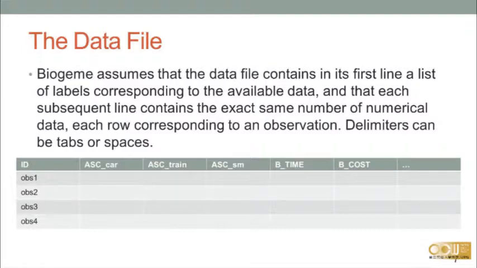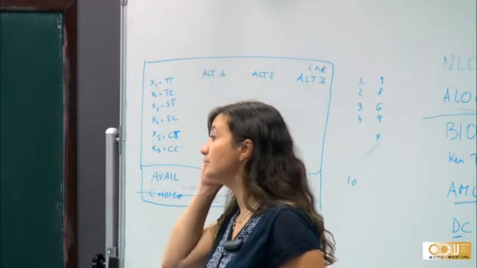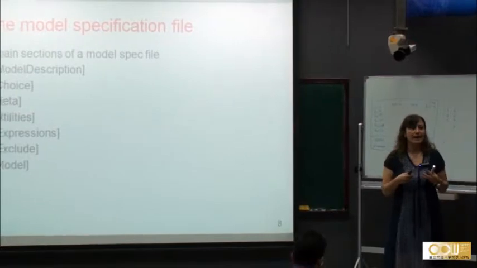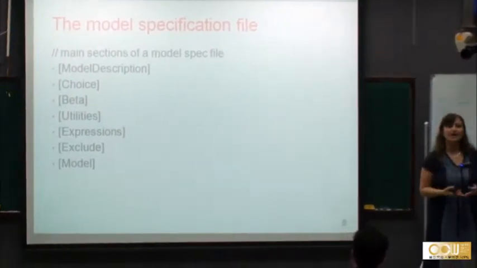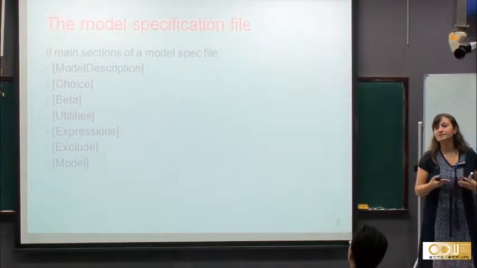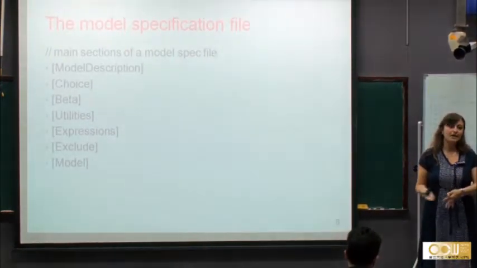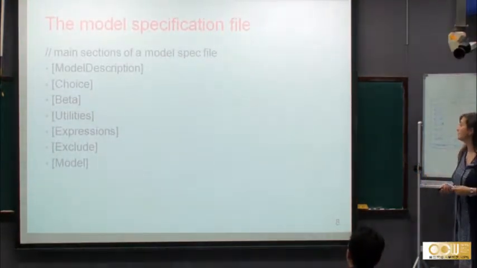It's just a normal database. It's not matrices. Now, these are the sections that you need to fill in order to have the model specified. So you have the model description, kind of blah blah, but this is also important. When we calibrate a model, we give instruction of what this model was, because if you take this model a year later, you have completely forgotten what you were doing and why you were specifying the model that way.